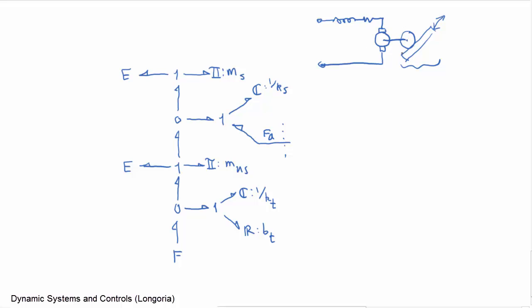I'm trying to keep it simple, so I'm going to back up here, and you can see the element that I need is a coupler. I need a transformer. Remember, this motor body is mounted on the vehicle body, and it moves relative to the unsprung mass.